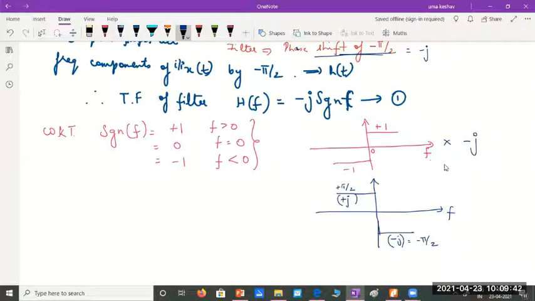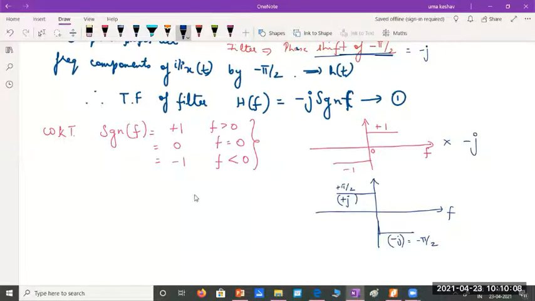So since you need a phase shift of -pi/2, you are just taking the signum function which is defined like this, and you multiply it with -j. So you're clearly seeing that all components of the signal will have the same phase shift of -pi/2, and this is how the phase response will look.